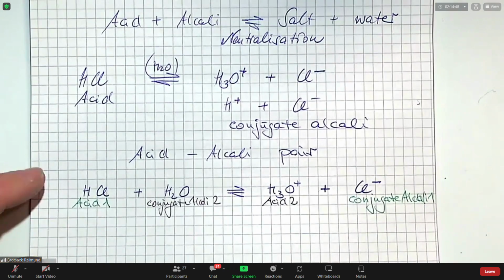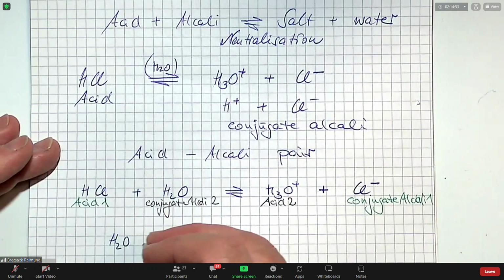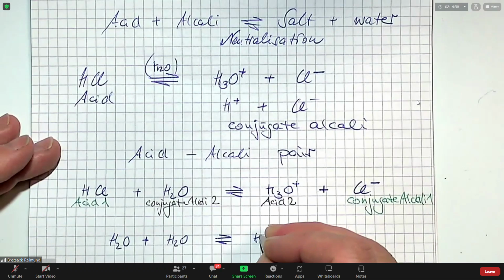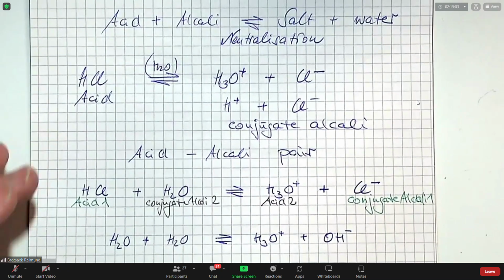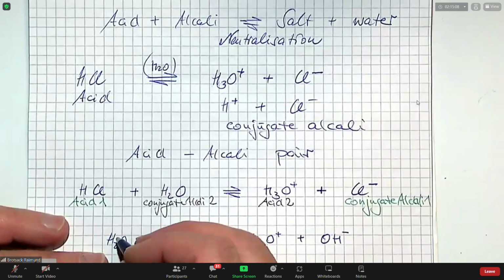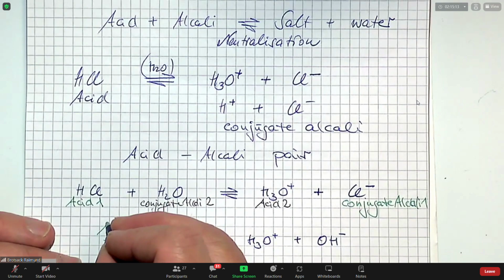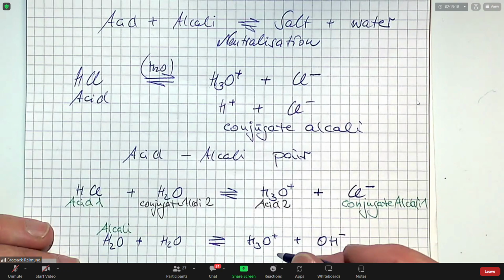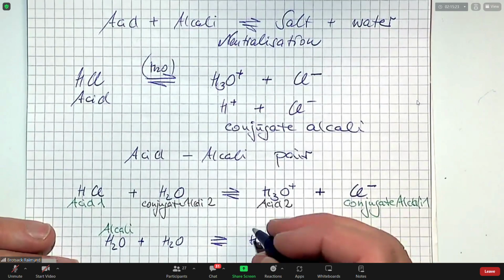And we already talked about the amphoteric character of water. H2O can do both. Then we have here acting as an alkali, a proton donor. Then this is the conjugate acid.